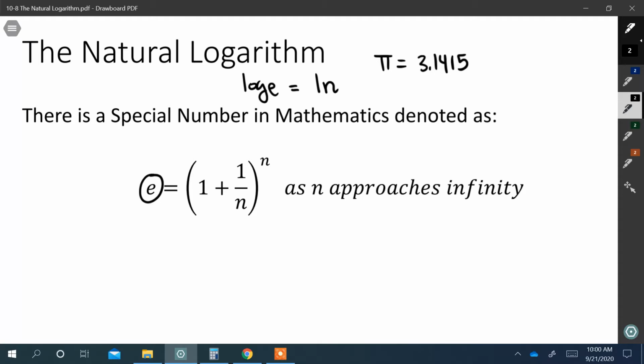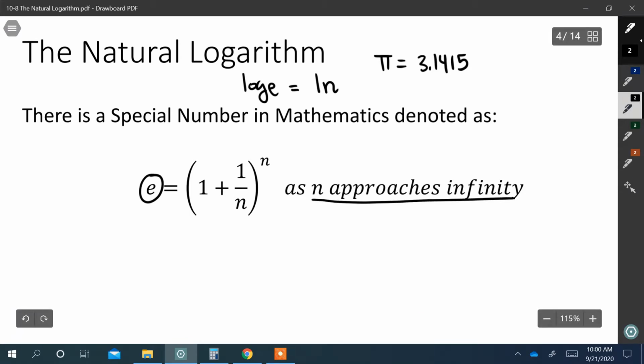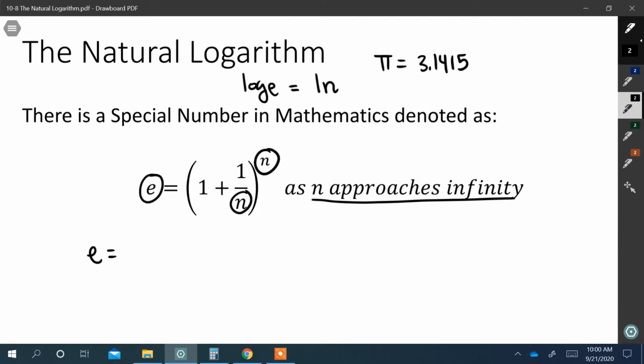Now, what is this number? The number is an infinite number that we get as n approaches infinity. So I could tell you that, as this gets bigger, we get a more accurate result for the number.